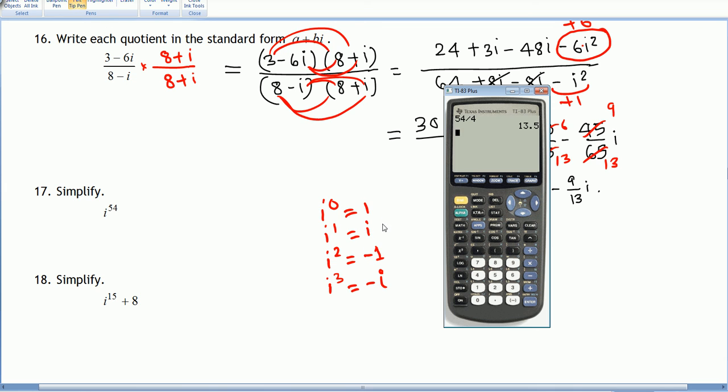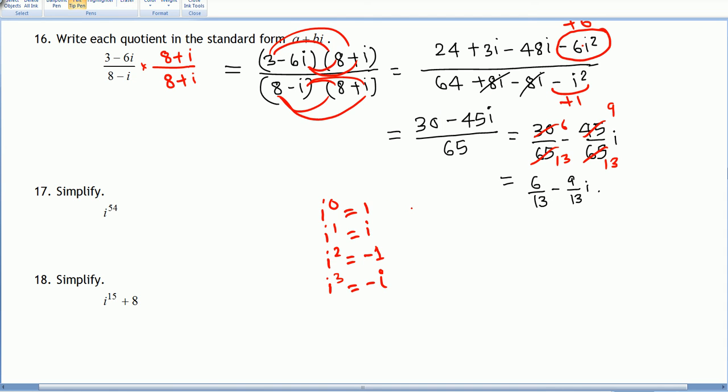When you divide the exponent by 4 and get no remainder, that means 1. Decimal .25 is i, .5 is 2, which means i squared, .75 means 3, which means i cubed.